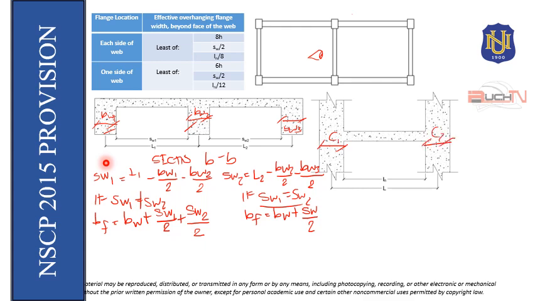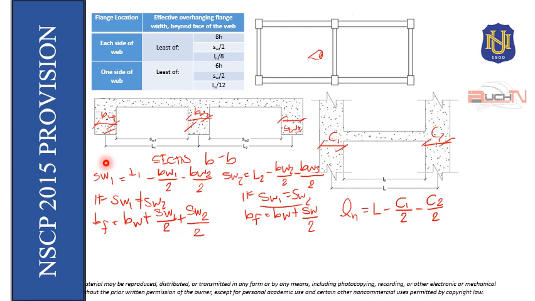So, ibig sabihin, para makuha natin si L sub N, that will be L sub N is equal to L minus C1 divided by 2 minus C2 divided by 2.